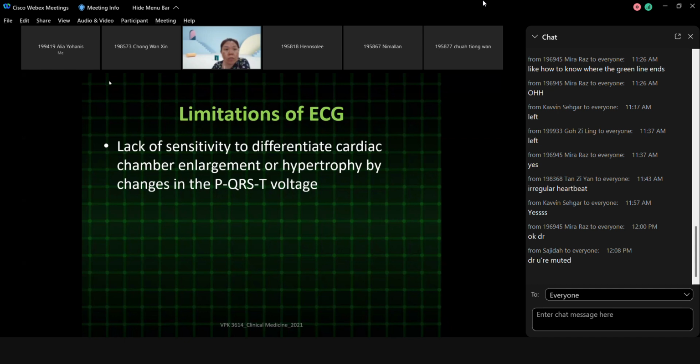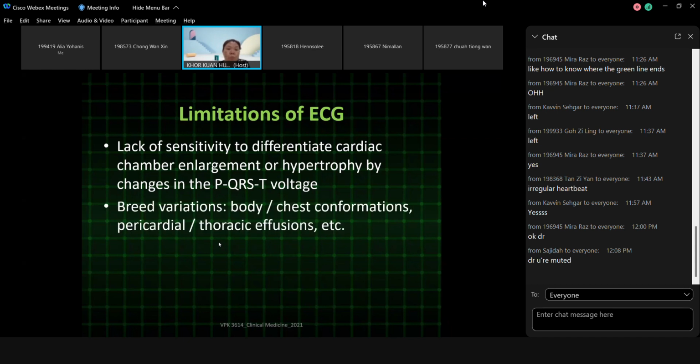ECG has a lack of sensitivity. It doesn't differentiate between chamber enlargement or hypertrophy by the changes in the QRST complex. So ECG doesn't tell you specifically where is big, where is thick. Again, remember it's all about conduction.